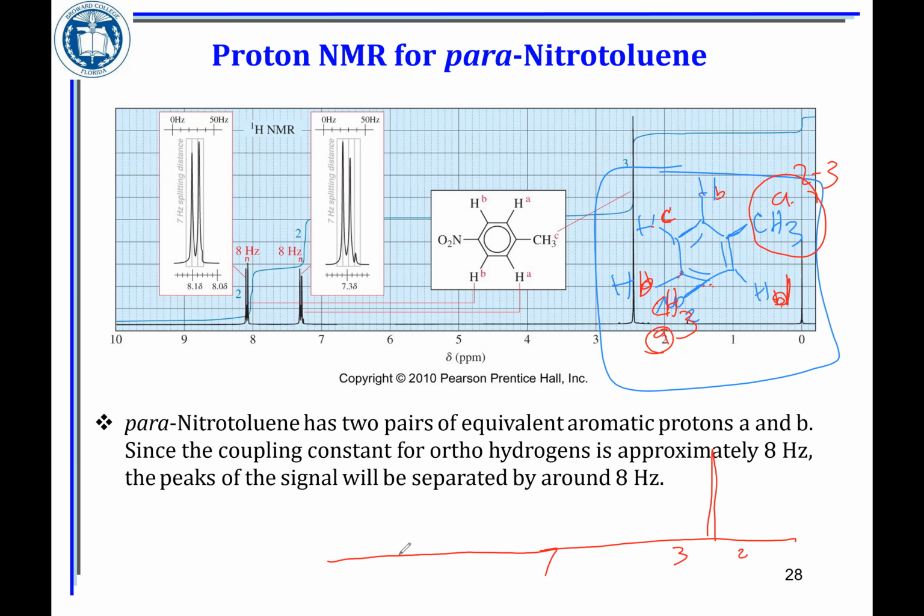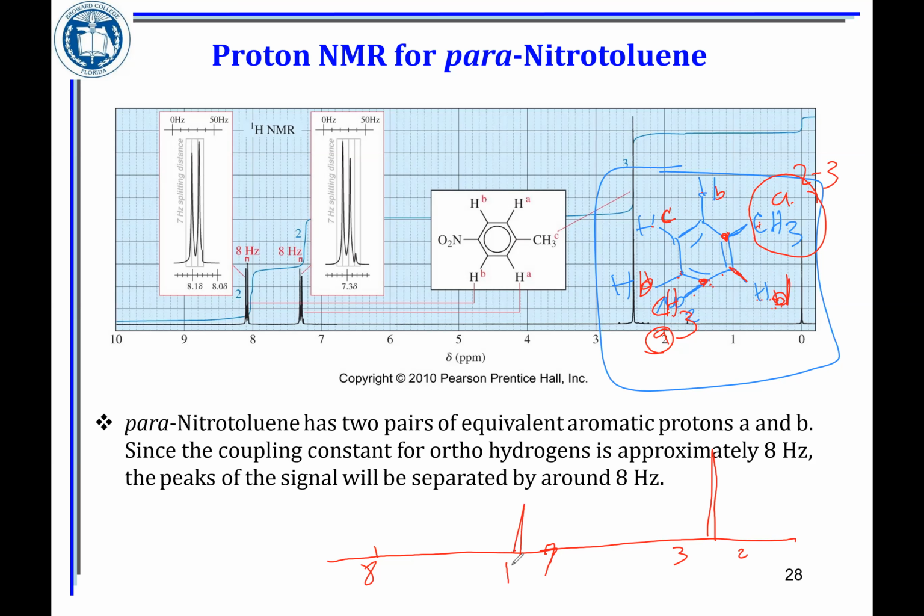Now, between 7 and 8, you have hydrogen B, hydrogen D, and hydrogen C. Hydrogen D is attached to 2 electron-donating groups, so it's the closest to 7. Hydrogen D is also going to be a singlet because there is no hydrogen on the adjacent carbons. So hydrogen D is a singlet and closer to 7.